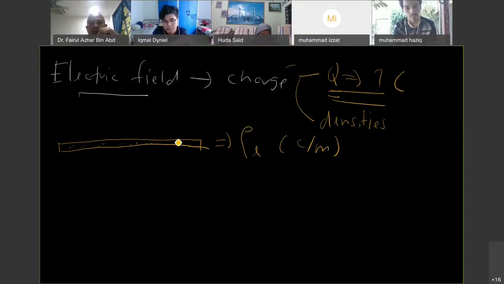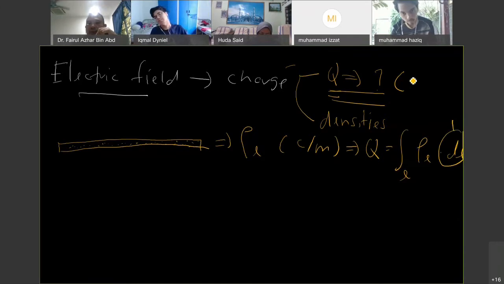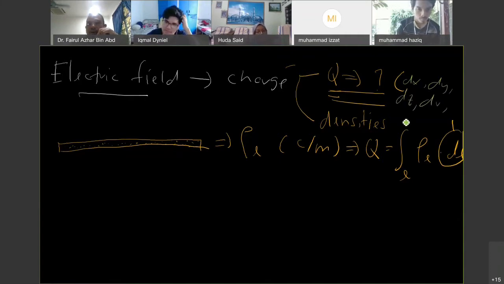Because the charge is distributed well in this line, we can find the total charge distributed inside this line as the integration of rho L dot dl. Then we need to determine the dl, either in terms of dx, dy, dz, dr, and so on, depending on the shape of the line that we are using.